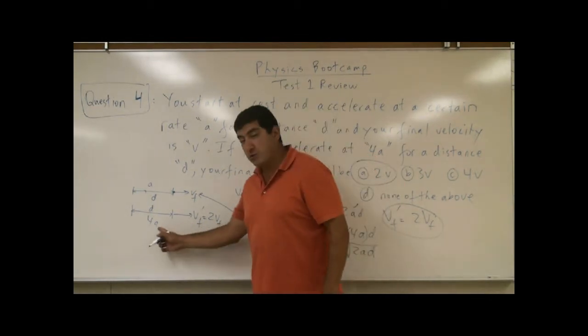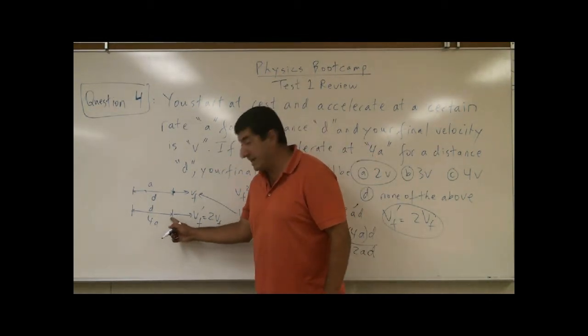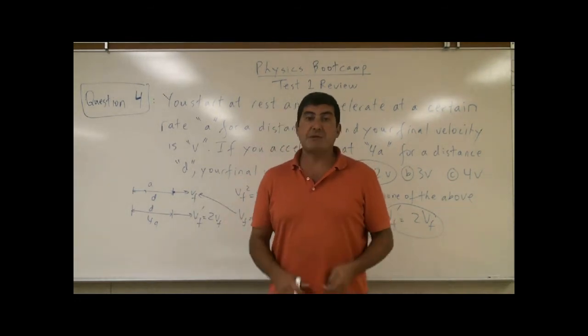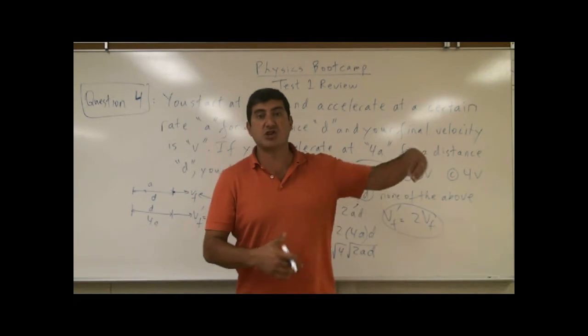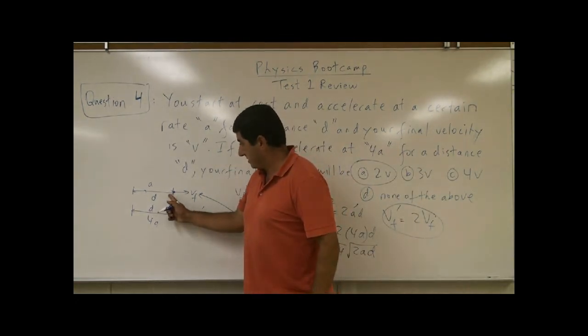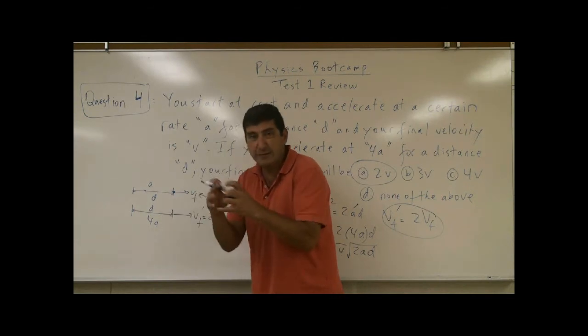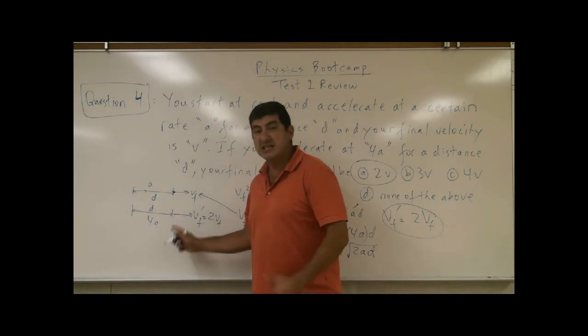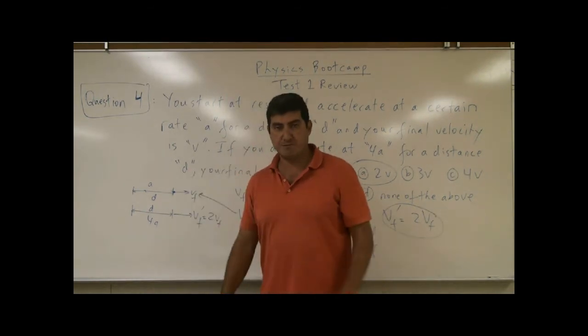If you're going at 4 times the acceleration for the same distance, it's going to take you less time. That means you haven't been accelerating as long in this case as you have been here. So your time has been cut, and therefore your final velocity here is not 4 times as much.